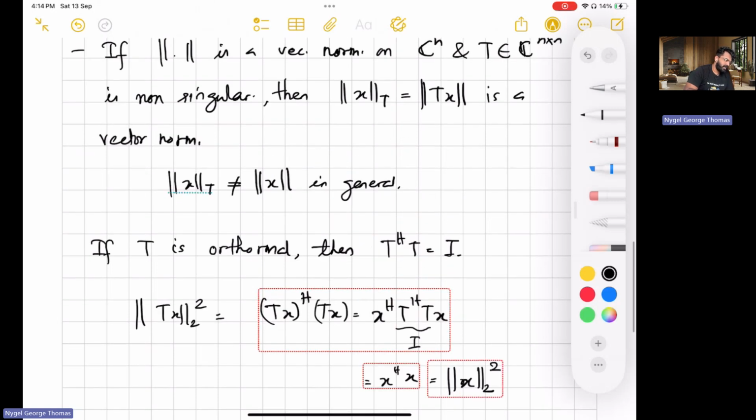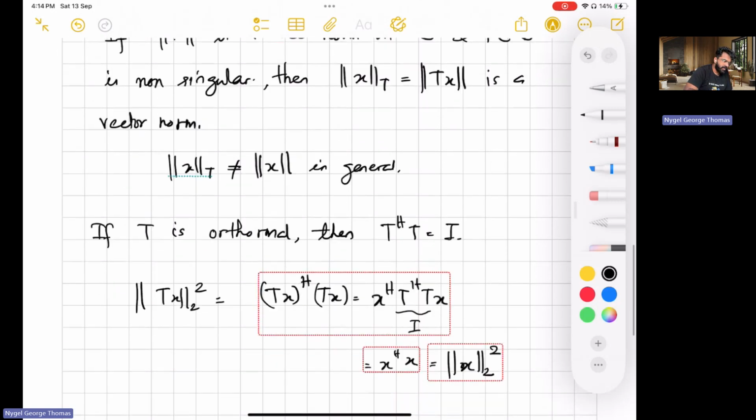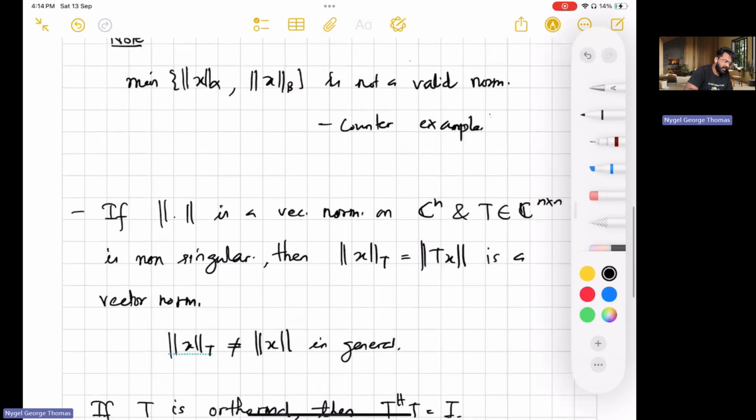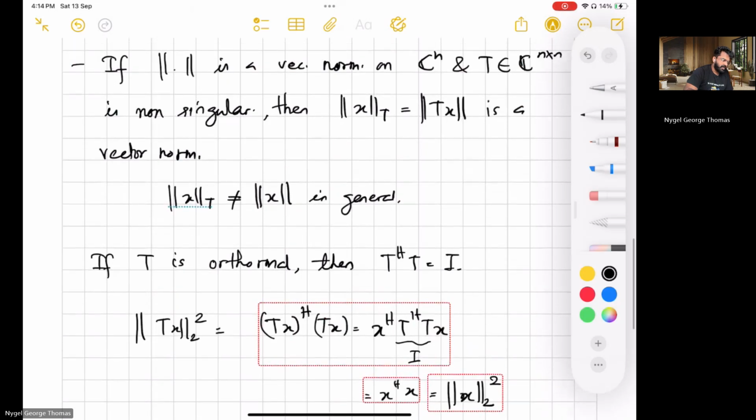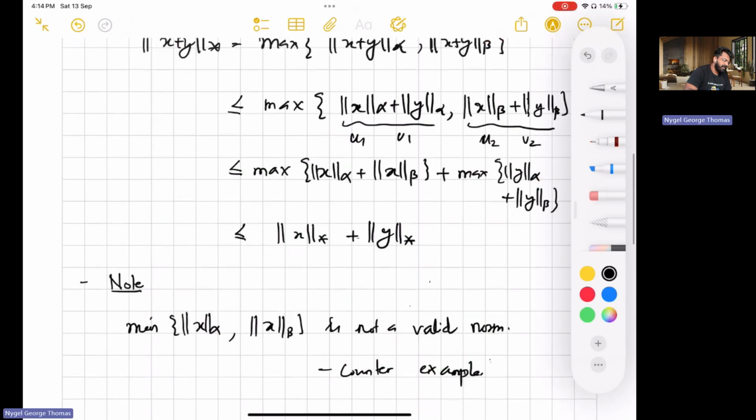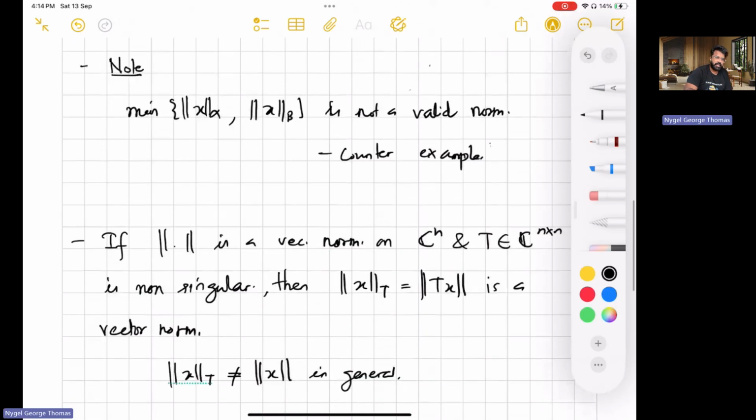Only in this case are these norms equal, but not in general. I'm not proving that this is a valid vector norm; it's easy to prove. These are two algebraic properties which we can notice. There are many more, but currently we're discussing these two properties for vector norms.